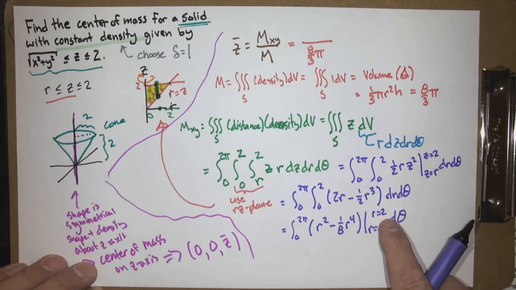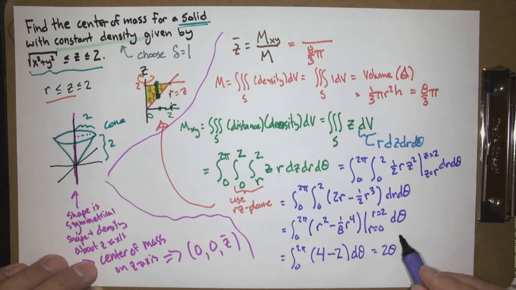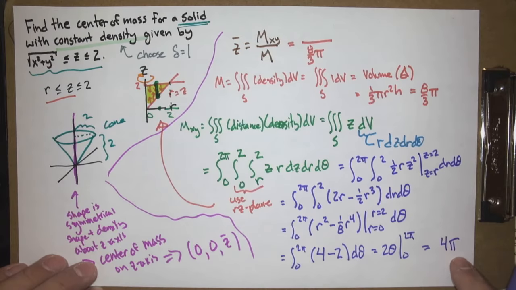When you plug in 2, what do we get? 2 squared, 4. 2 to the 4th, 16, times 1/8, 2. So you get 4 minus 2, which is 2. So this is the integral of 2, well, that's 2 theta from 0 to 2 pi, giving us 4 pi.